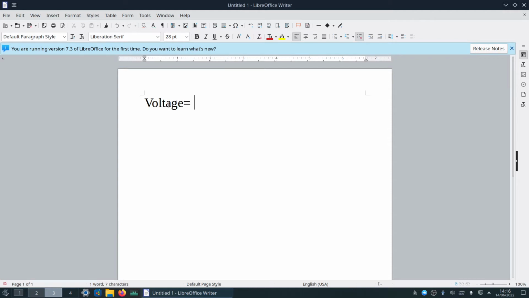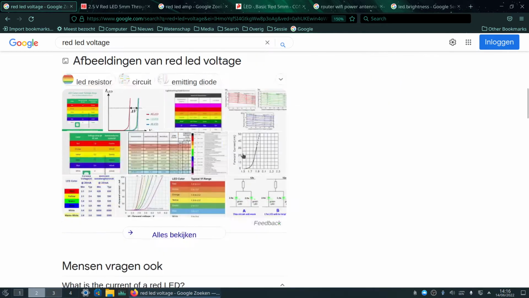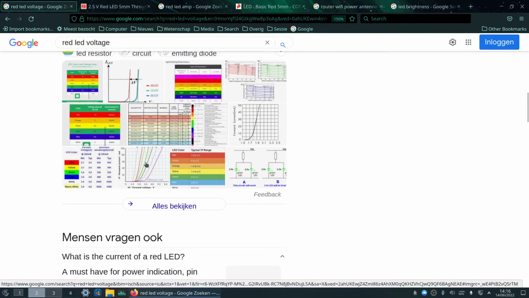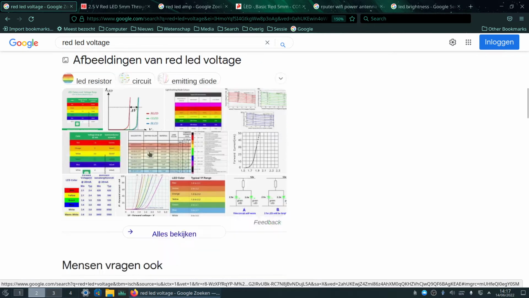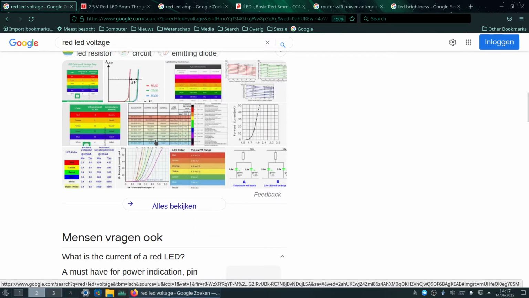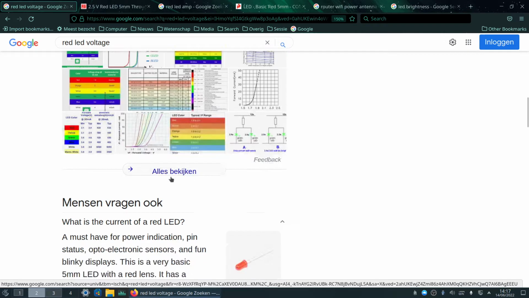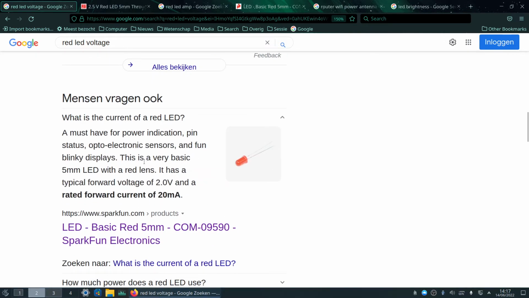Voltage is 2.0 volt. Now we have to look up the current it uses. I've looked this up. You find all kinds of charts. Different colors of LEDs have different power requirements, like different voltage, but usually more current, in amps.